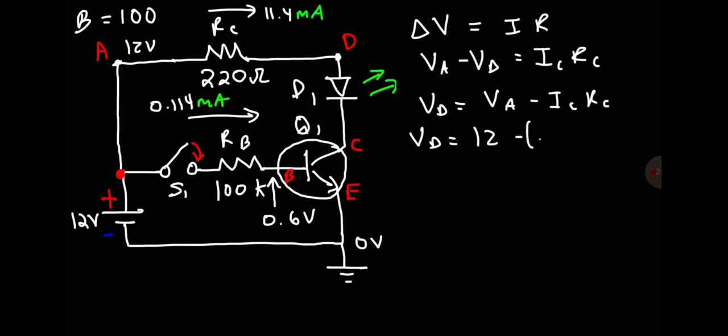If you divide that by 1,000, you'll get the current in amps, which is 0.0114 amps, times the resistance of 220 ohms. So 12 minus 0.0114 times 220, that gives us a potential at point D, which is 9.492 volts.